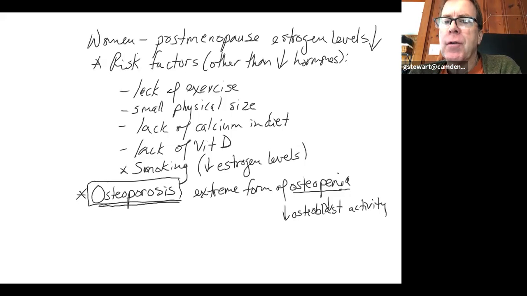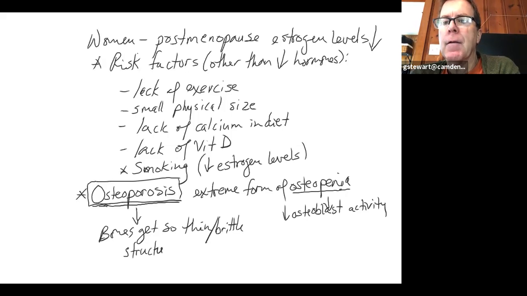When it gets so severe, osteoporosis is when bones get so thin and brittle they can fracture, they can break. So bones get so thin and brittle, the structural integrity of the bone is compromised. Okay.